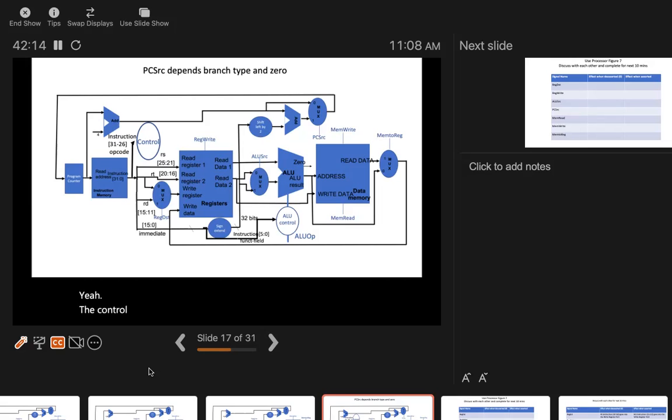If it is 0, 0, then it's a load/store instruction. If it is 0, 1, then I think it's the R-type instruction. If it is 1, 0, then it is branch if equal. If it is 1, 1, then it is branch if not equal. Depending on the type, it controls the ALU. For example, if ALUOp is 0, 1, it's an R-type instruction, and in that case the ALU control also needs to look into the function field.